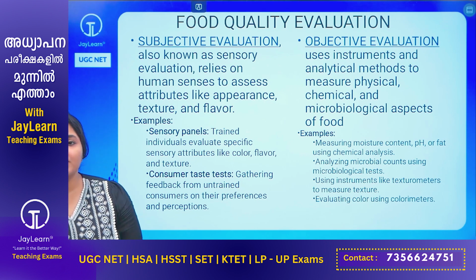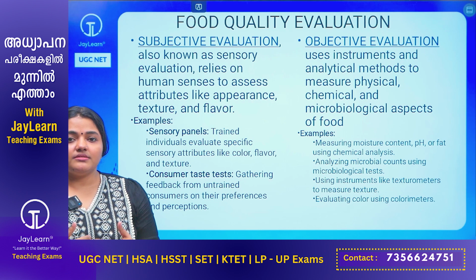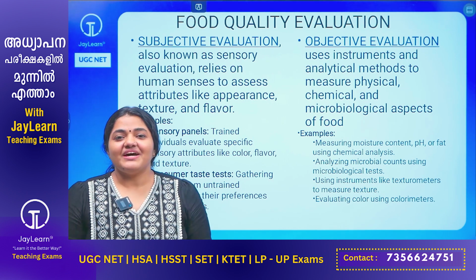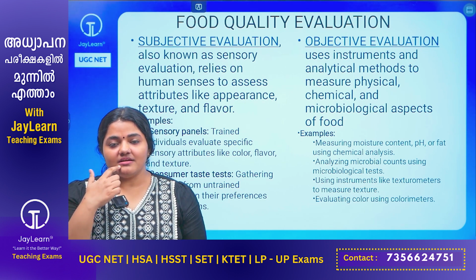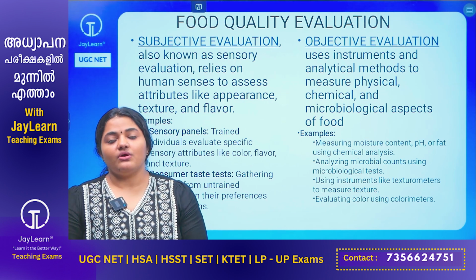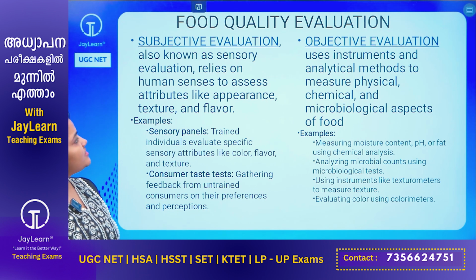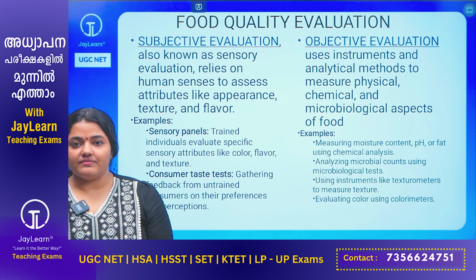Subjective evaluation is done from a person's point of view, which means we do it based on our sensory attributes. The five sensory organs are the eyes, nose, tongue for taste, ears and skin. Subjective evaluation is also known as sensory evaluation, which relies on our senses to assess attributes like appearance, texture and flavor.